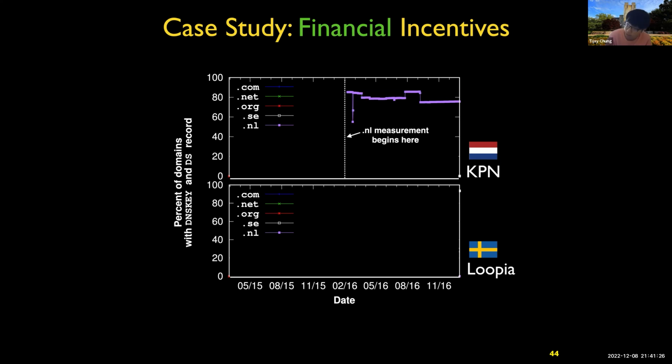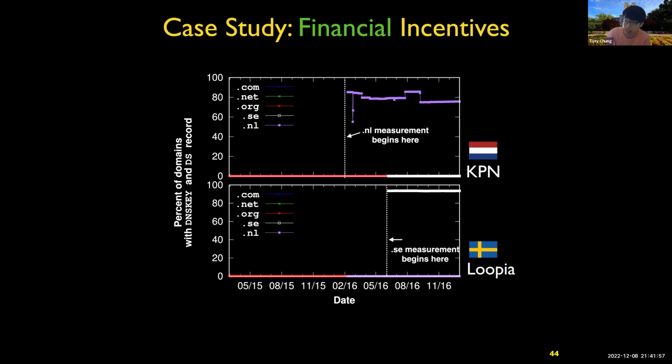It's nearly 80%, right? And similarly, for .se, nearly 100%, which means these two registrars know how to manage a domain name with DNSSEC, clearly. Then how about the other 4 domain names, SLDs, second level domain names, DNSSEC deployment rate? Can you guess?